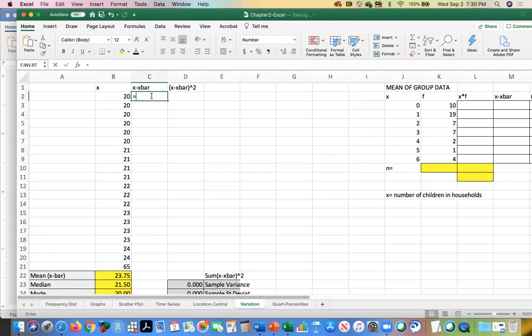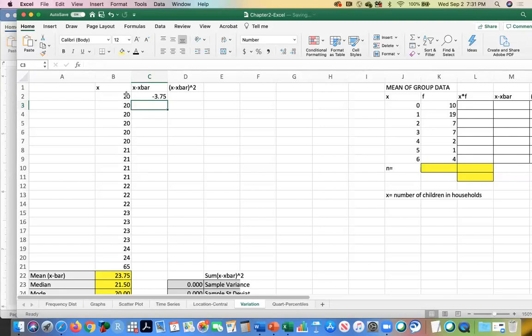I'm going to do equal. My observation X is 20 minus the mean value, right? So I'm going to find how my observation deviates from the mean. In this case, this number is going to be negative, of course.